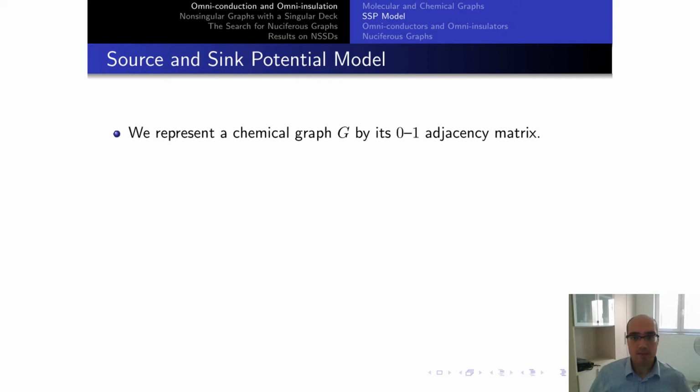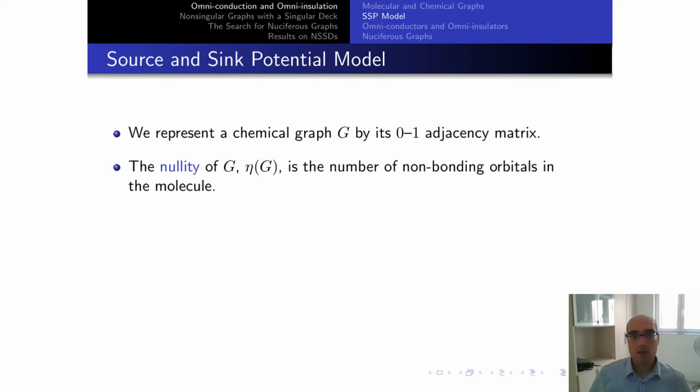Note that only the carbon atoms are taken into consideration. If we have a hydrocarbon, for instance, which has carbon and hydrogen atoms, we only look at the carbon atoms of the molecule and represent the connections between these carbon atoms only by the 0, 1 adjacency matrix, as we usually do in graph theory.